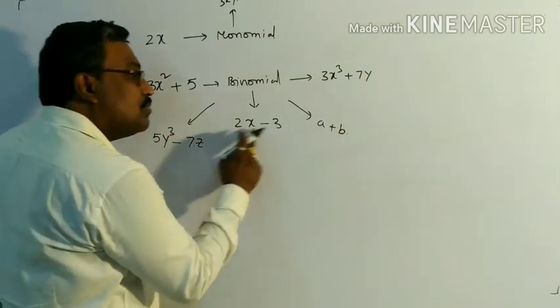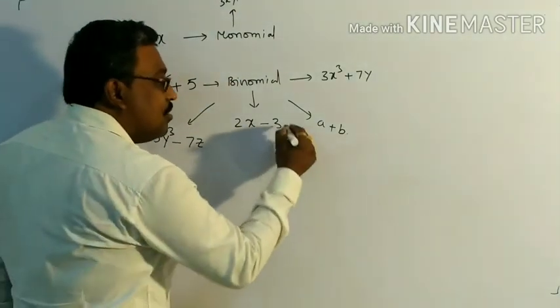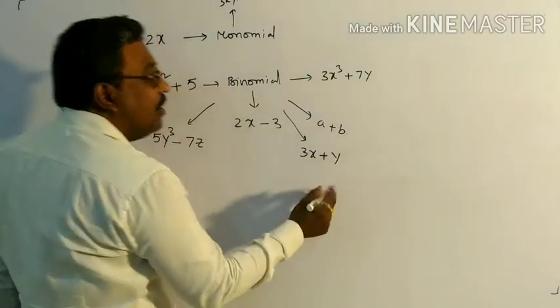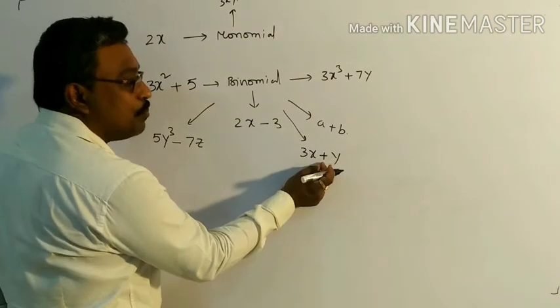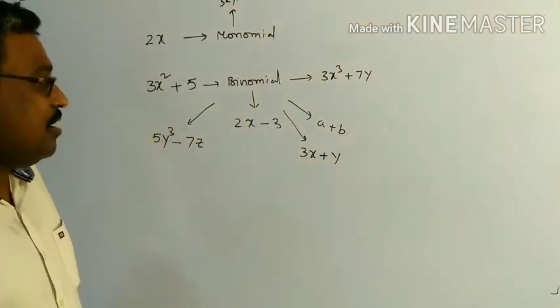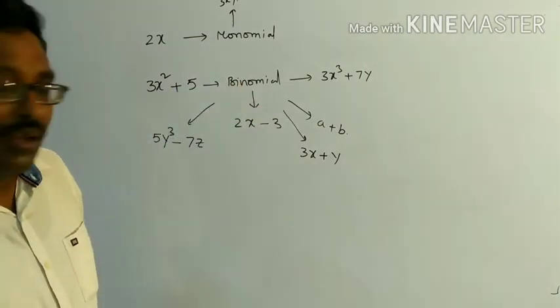Whereas here 2x minus 3, or else we can write one more like 3x plus y. Here in between x and y, the plus symbol is there, so it is binomial.